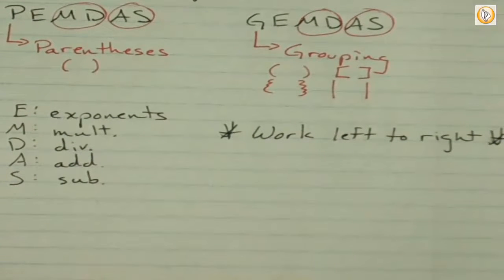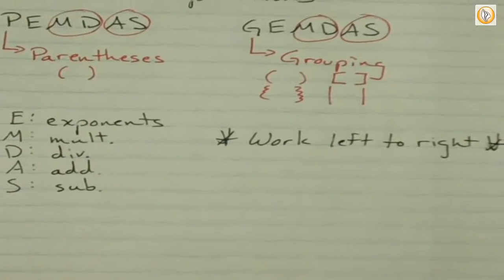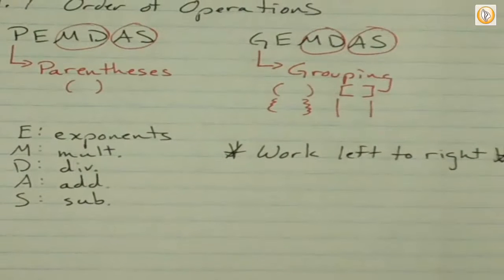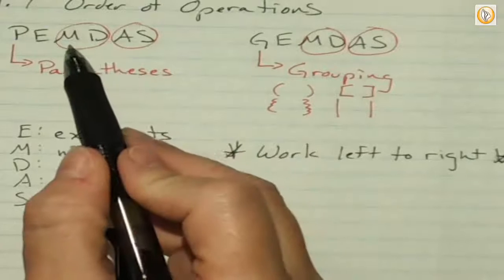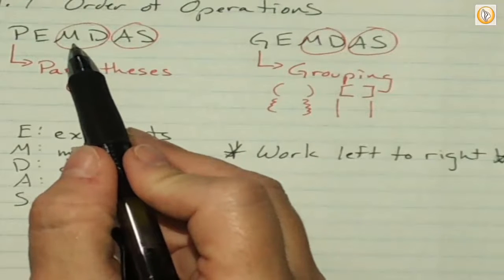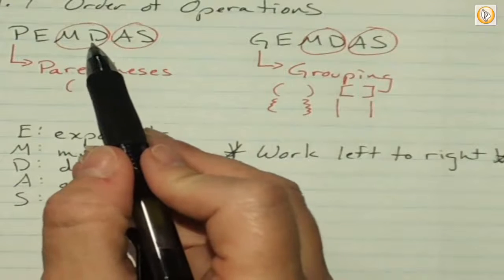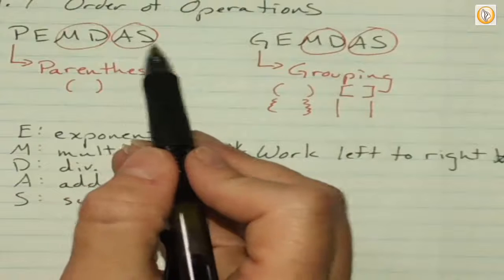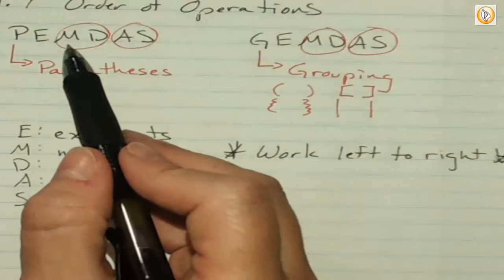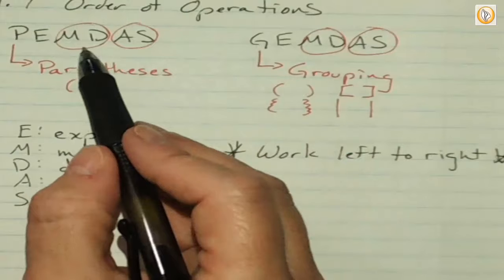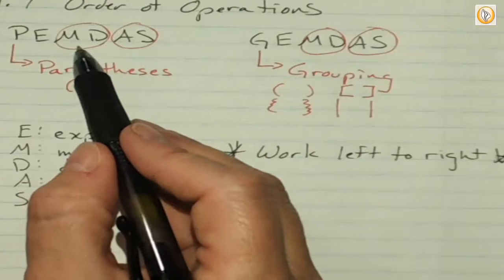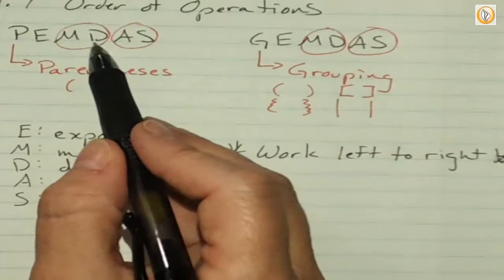Now, the one thing that's very confusing, and again, Coach Cole and I watch this stuff all the time and laugh at your head now, is whether you do multiplication or division first, or adding and subtracting first. A lot of people argue, well, M comes first in PEMDAS and GEMDAS, so you have to do all the multiplication first before you do division.